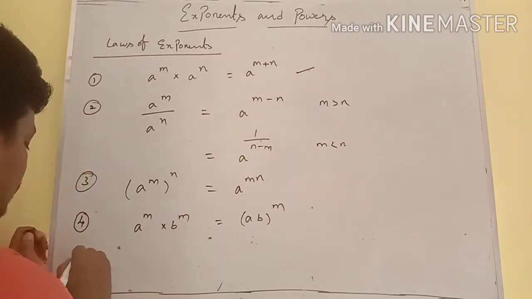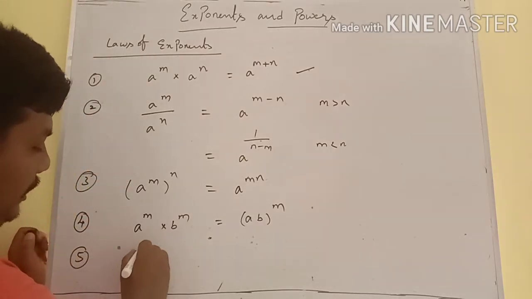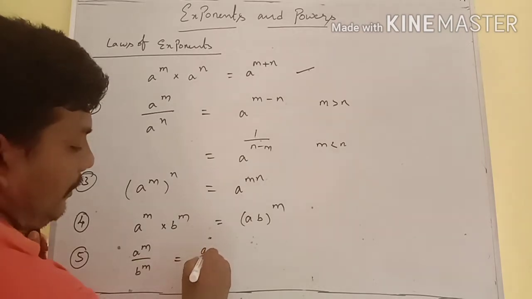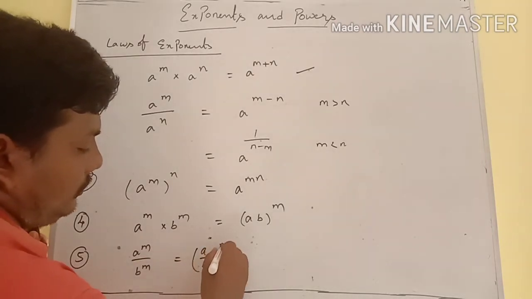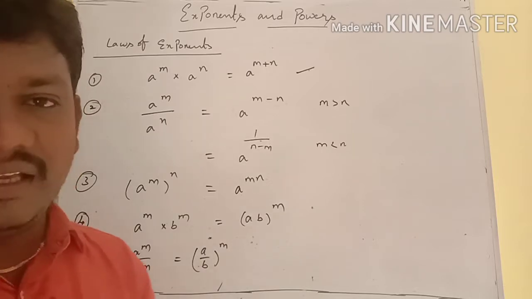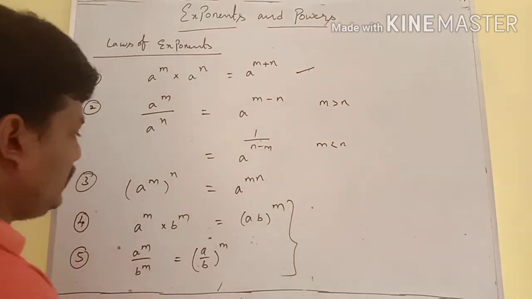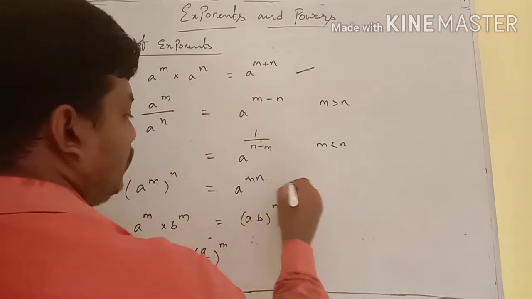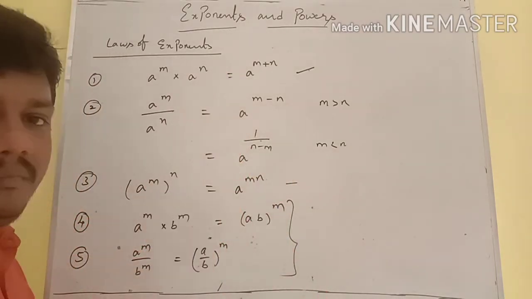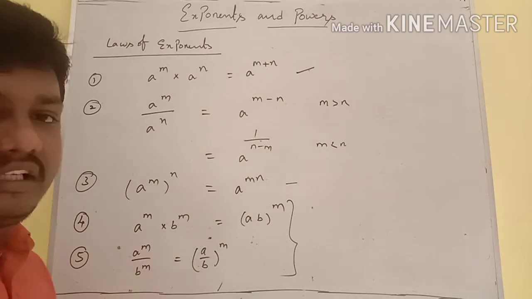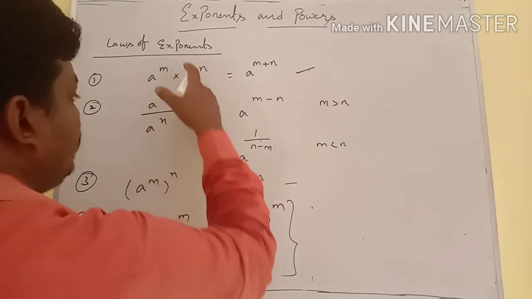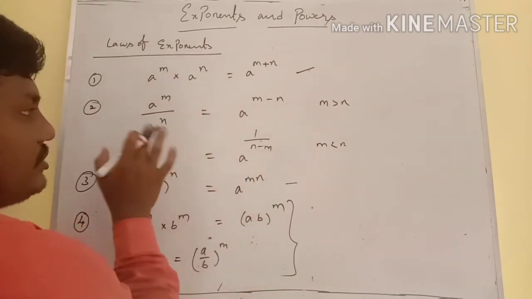In the same way, a power m by b power m can be written as a by b whole to the power of m, making it a common power. These two formulas come under making common powers. And this formula comes under power whole power, where the exponents become a product.